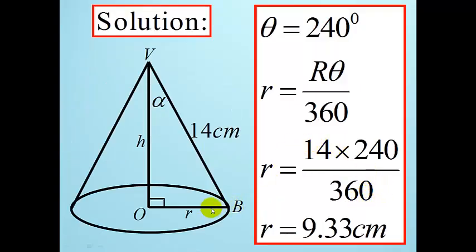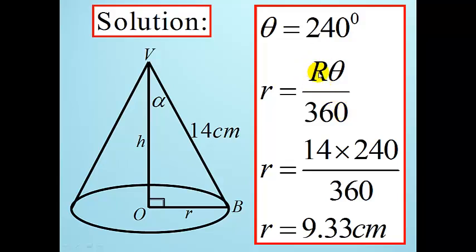Now, how do we find the base radius? Angle theta is equal to 240 degrees. That's the angle of the sector which we used in forming the cone. So the theta we are going to use is 240 degrees. Now from the relation, the base radius r is equal to R theta divided by 360.